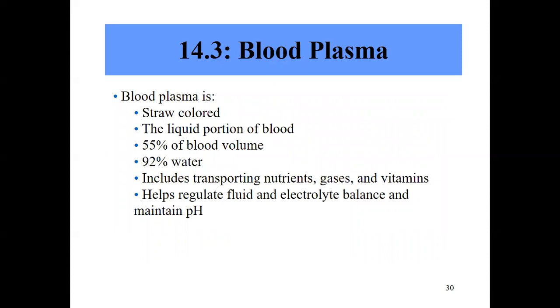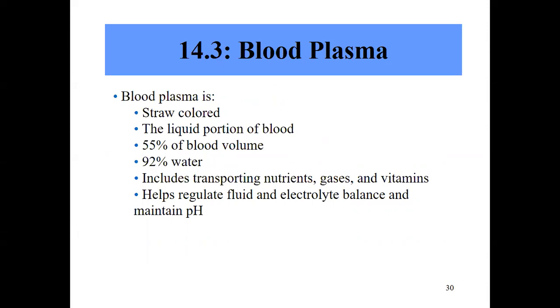Blood plasma. So blood plasma is the liquid portion of blood. The plasma itself is straw colored. So those first couple slides of this chapter, you notice that it was this light yellow color. That's because that was the plasma, and it's normally that straw color.